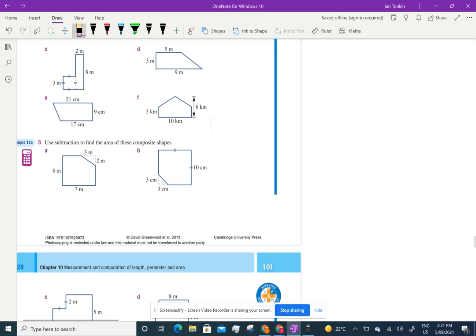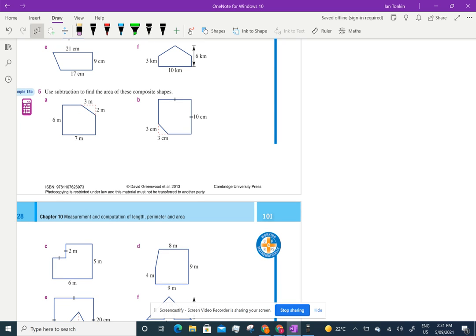The other way of doing them though, with composite shapes, rather than, for example, this one in 5, finding the area of that triangle and then the area of that rectangle and that rectangle, an easier way sometimes can be to go, I'll find the area of the big figure and subtract the area of the triangle.